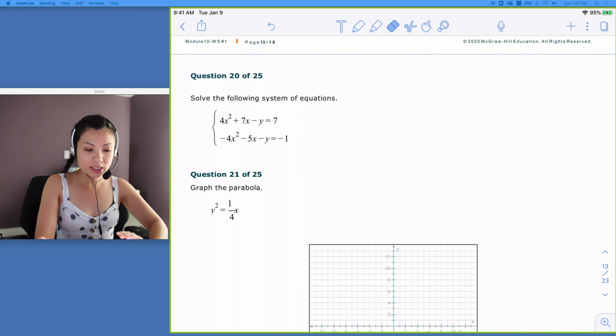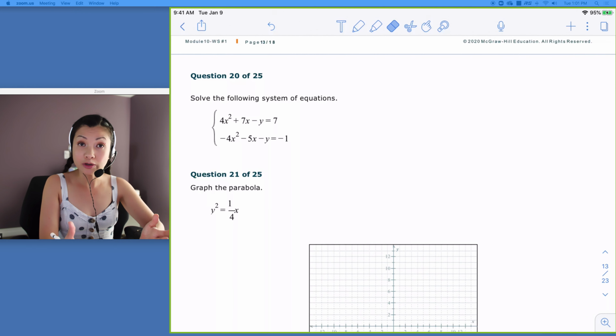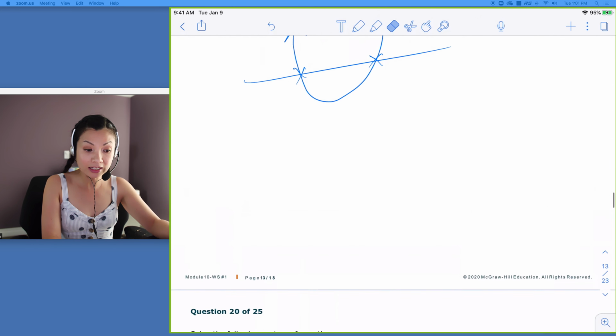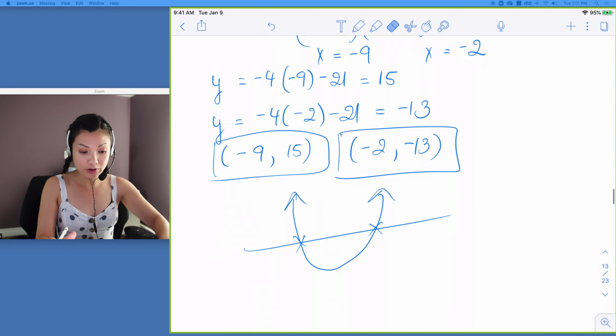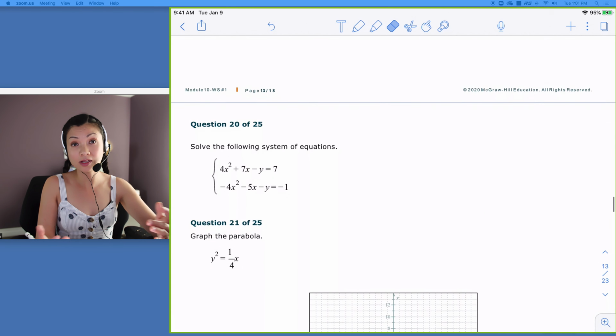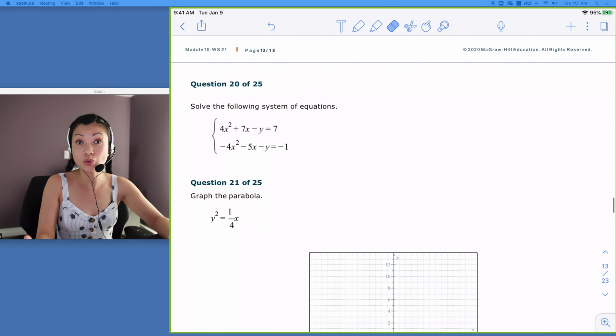For number 20, you can definitely rewrite the equation so you get something like number 19, and then we put them together. Or you can always eliminate y and we just have to deal with x, right?